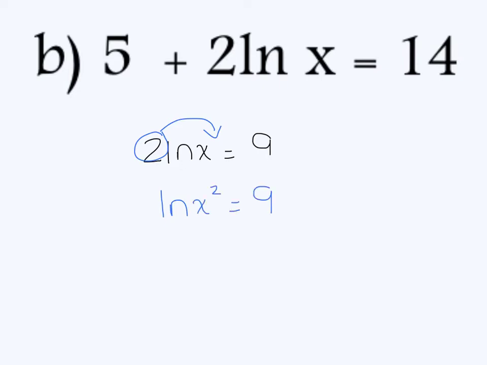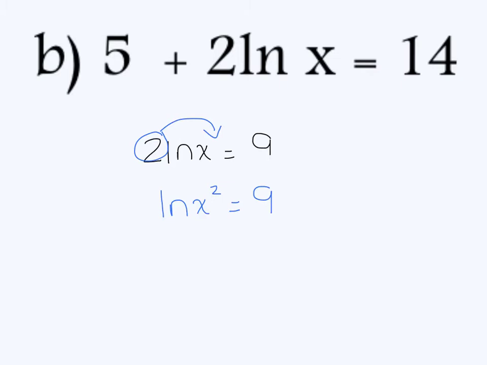And then I'm going to change this, so just like we can take the log of both sides, and if ln and e are next to each other and they're inverses, it reduces. Same concept here. I want to introduce something to ln so that it simplifies and I'm left with x squared.